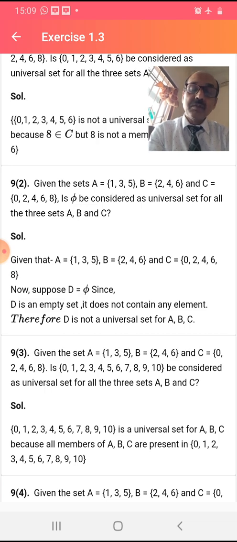So it is a universal set for A, B, C because all members of A, B, C are present in 0, 1, 2, 3, 4, 5, 6, 7, 8, 9, 10. All elements are there. So it is a universal set.